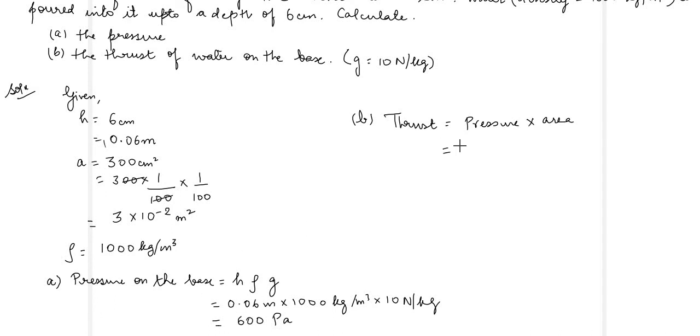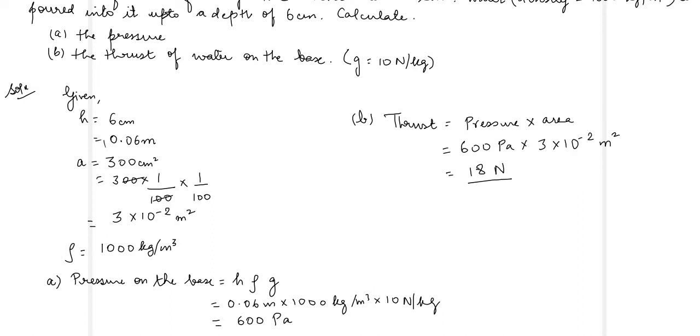Pressure we have just now calculated in SI which is 600 Pascal. एरिया भी हमने SI में कर लिया है 3 into 10 to the power minus 2 मीटर स्क्वायर. इसको जब सॉल्व करोगे तुम्हारा आंसर आ जाएगा 18 and thrust is force, so 18 न्यूटन.